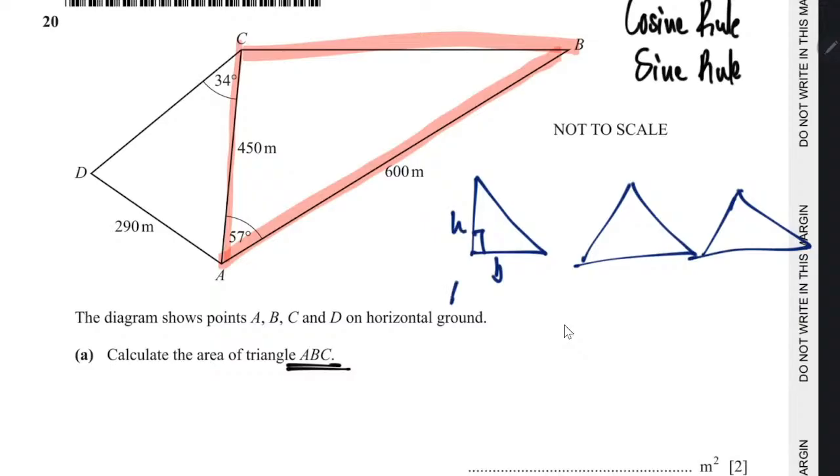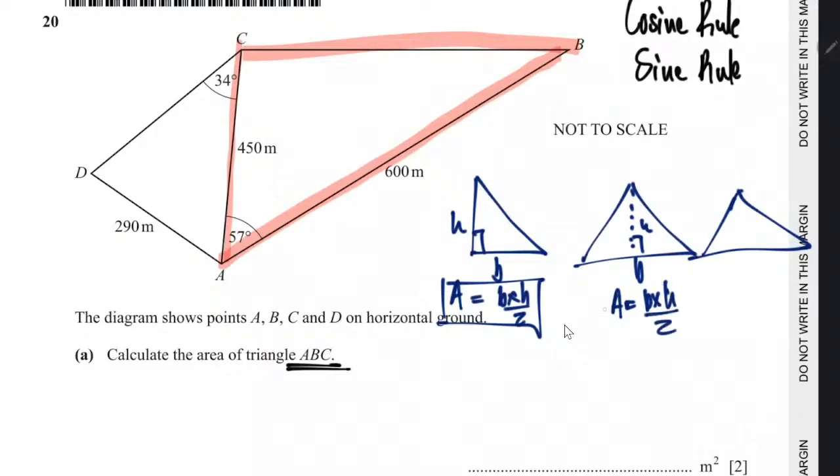You have a right angled triangle. Area will be base times height over 2. This one is also base times height over 2 because you have the base and you have the height, the shortest distance to get something. That's the height, then you have the base. You can still get area.